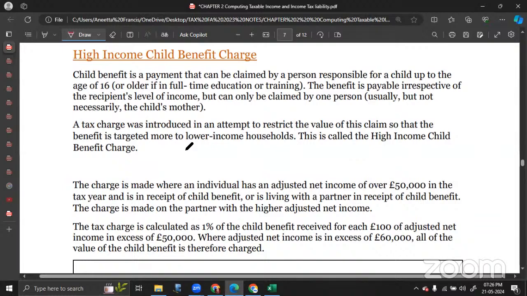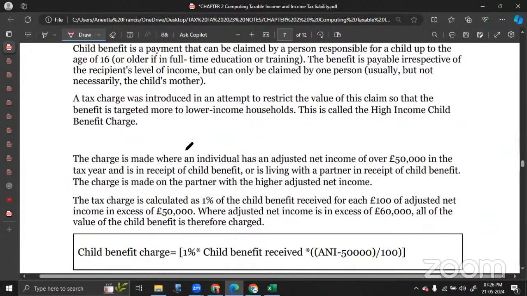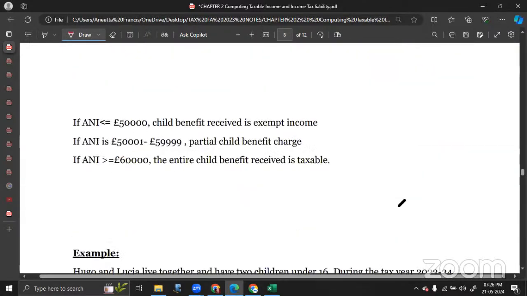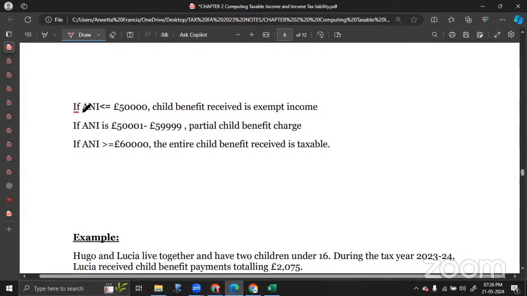So you have to add the child benefit charge to your income tax liability. Child benefit charge is 1% into the child benefit received into ANI minus 50,000 divided by 100. I've given the situations here. If the adjusted net income of both the recipient and their partner is less than or equal to 50,000, it is an exempt income.